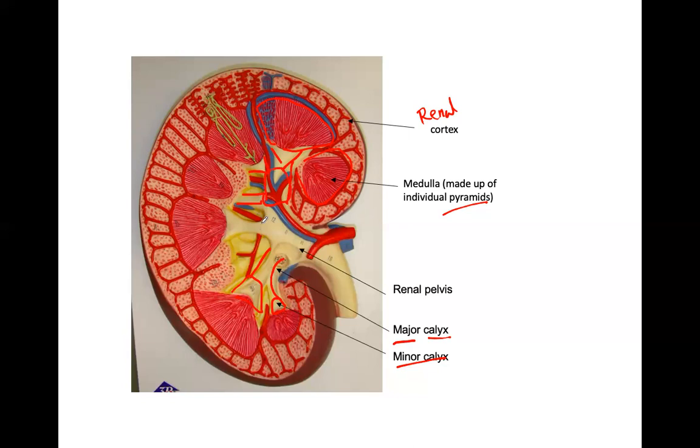This area would be your major calyx. Now I have multiple major calyces, one here, one here, one here, all merging into this central section right here. This area is referred to as the renal pelvis, and the renal pelvis exits through the tube which we identified earlier as the ureter.